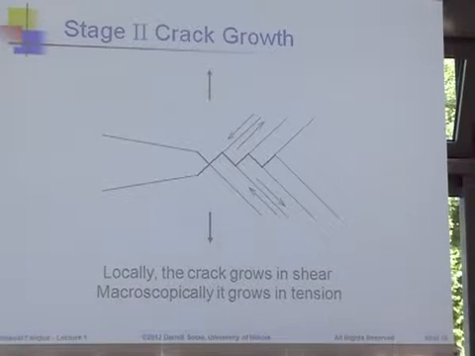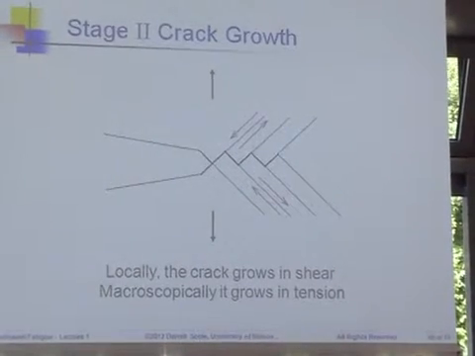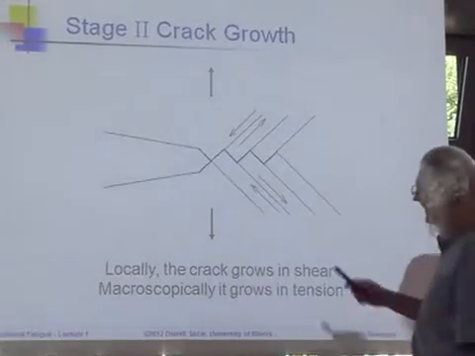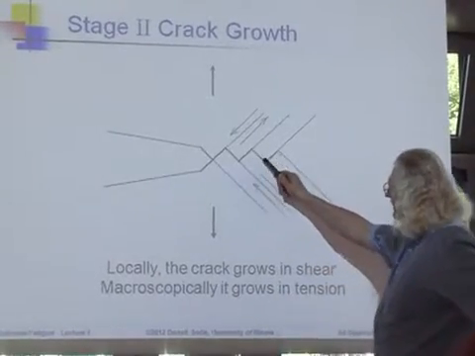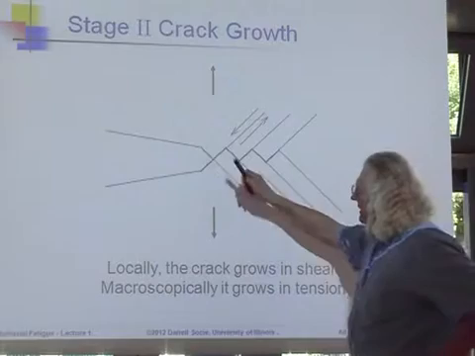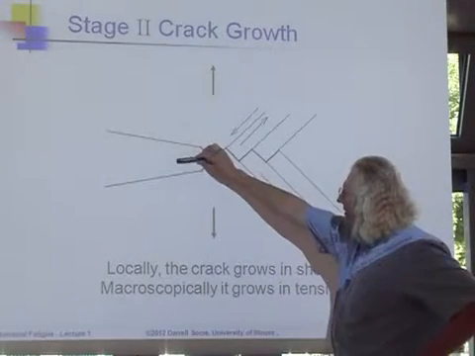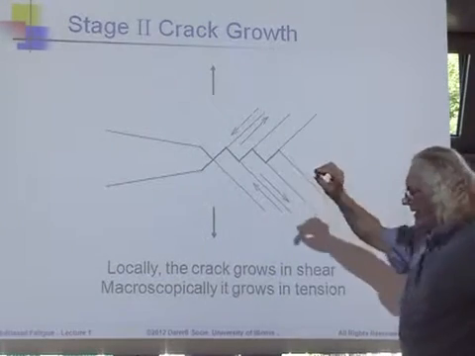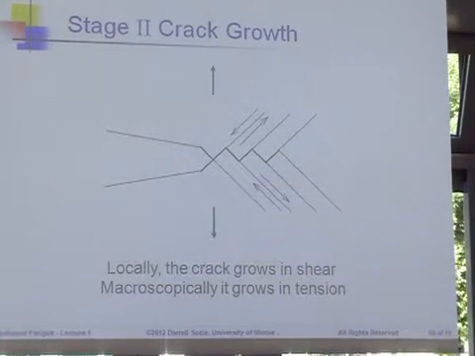So let me just summarize what happens in bigger cracks. In bigger cracks, locally, they shear back and forth like this. That happens locally, but macroscopically, these bigger cracks always will grow perpendicular to the maximum tensile stress.